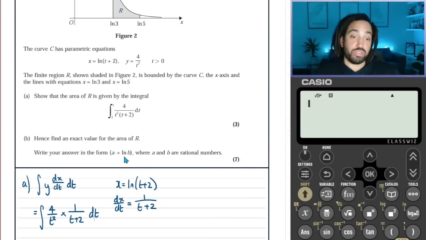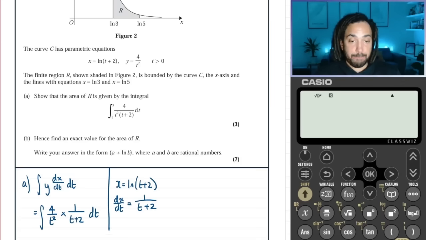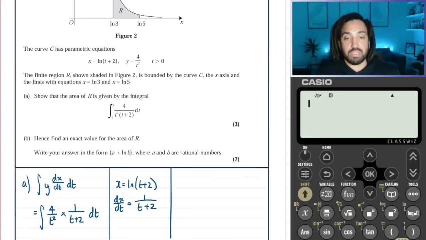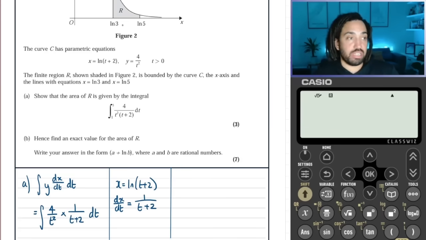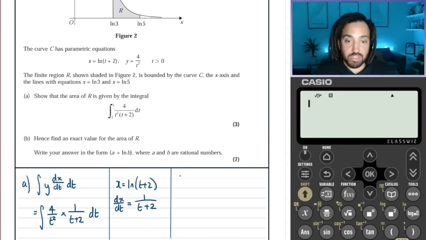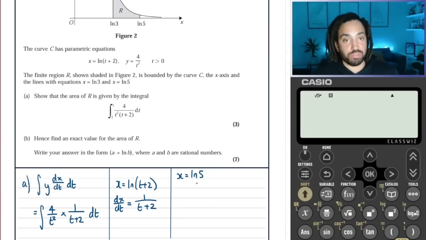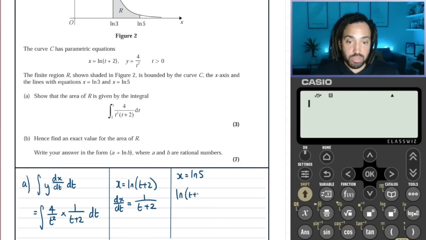We also need to sort out the bounds, the limits. Okay, so let's do that over here. So we're integrating between these two limits here, and those are limits in terms of x. So that's x equals ln 5 and x equals ln 3. Now we know that x is also ln of t plus 2.